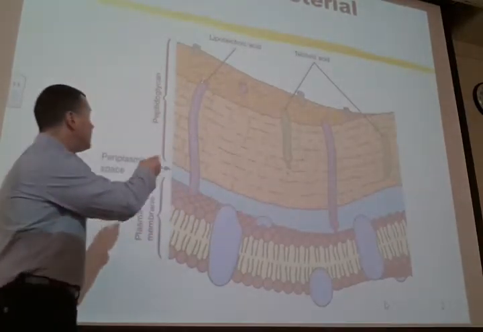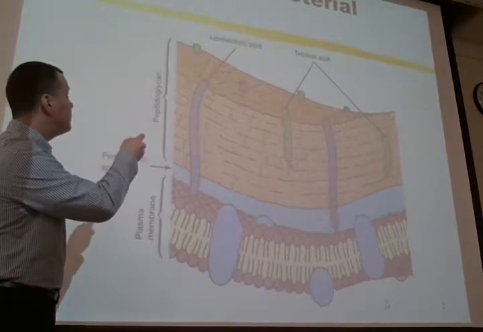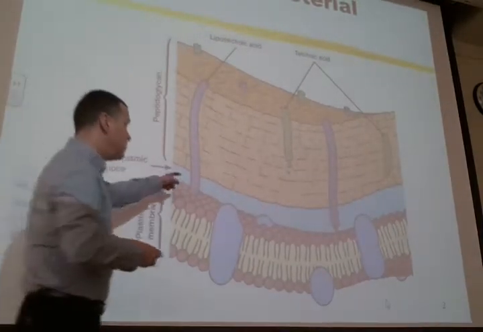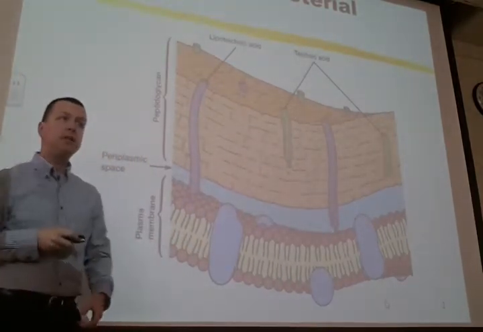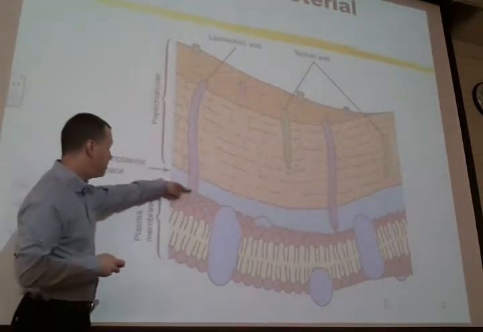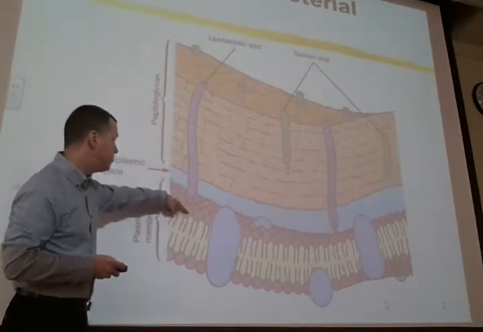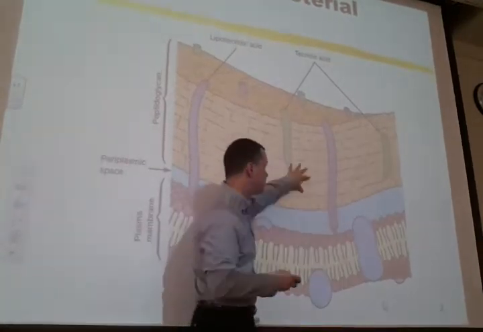And then a slightly modified version are these purple ones here that are representing lipoteichoic acid. So it's the same thing, it's teichoic acid, except it's got a lipid attached. And if you'll notice, that lipid allows the lipoteichoic acid to insert into the cell membrane. Okay, so this is the cell membrane here, here's the cell wall.